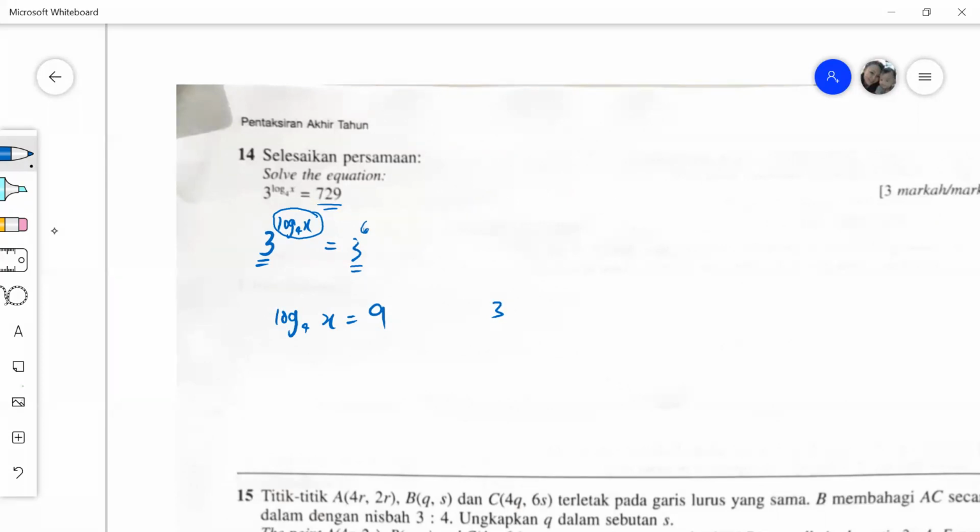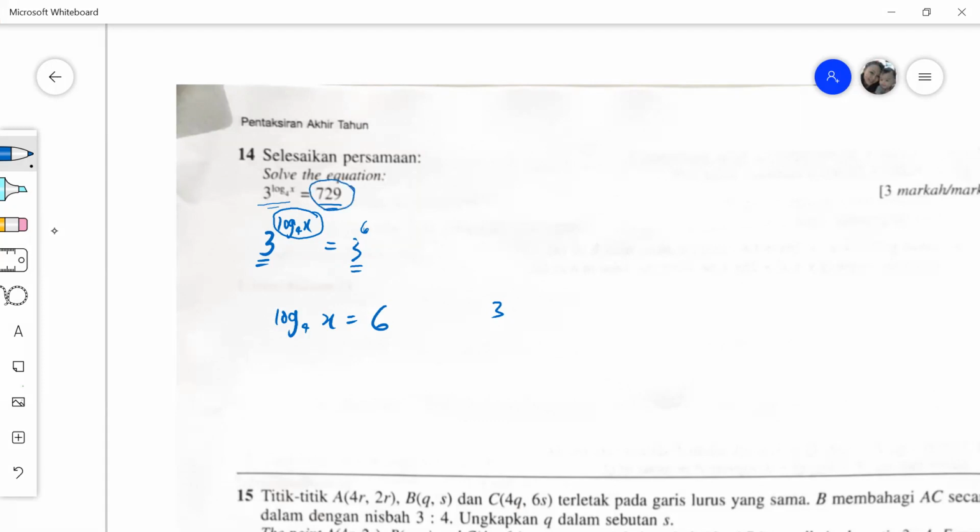Right, so the first line: 3 to the power of log base 4 of x equals, this one we just copy exactly, because we can't do anything. But we can do something on 729.